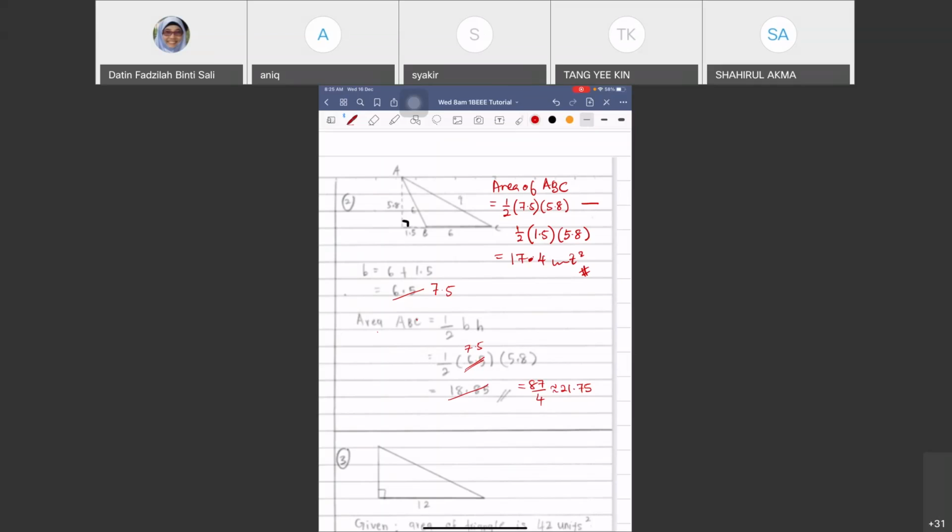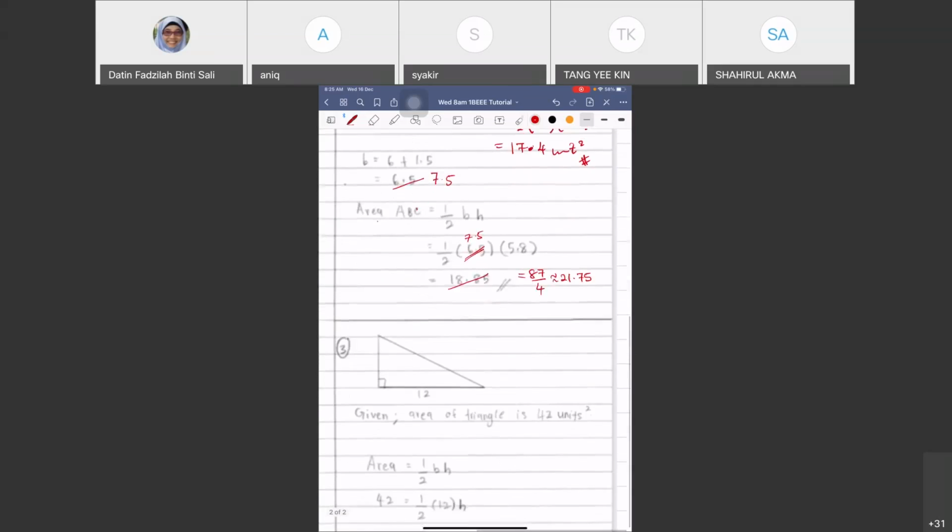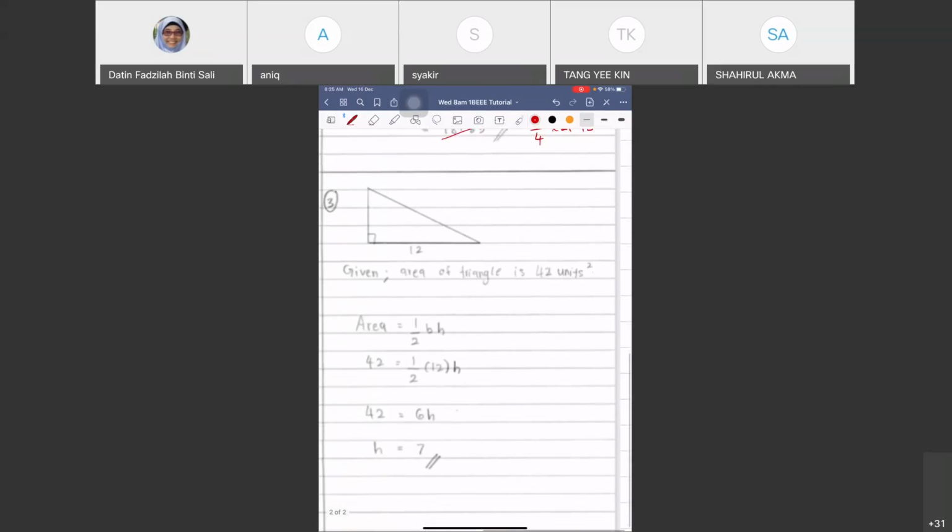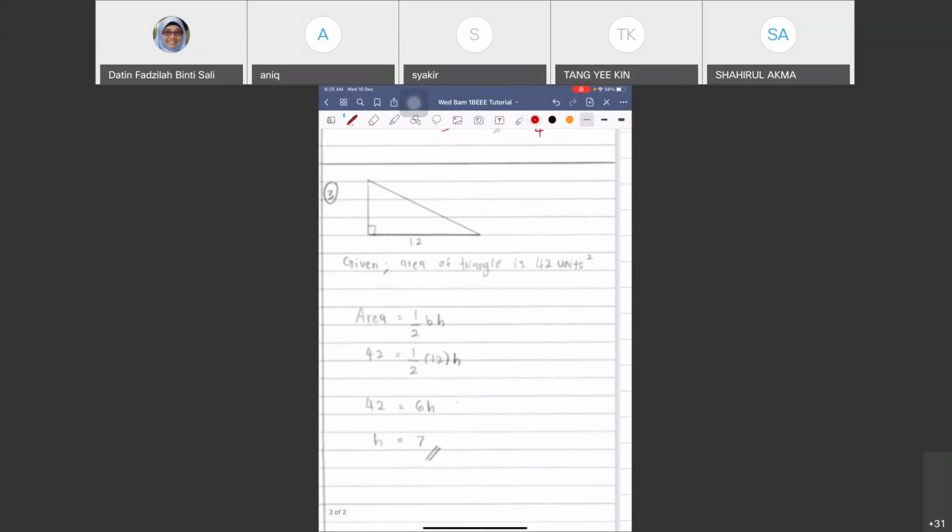Okay, let's look at question 3. This time the area of the triangle is given as 42 units square. What is the height of the triangle? Basically you are using the same thing: area equals half times base times height.